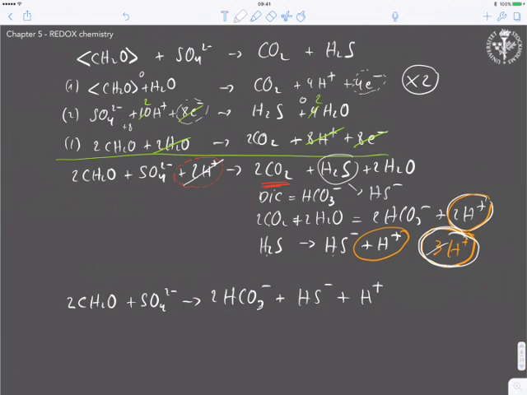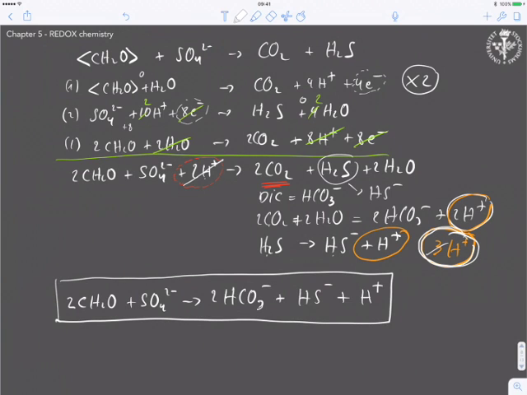Those 3 H plus will be on the right side and you have 2 H plus on the left side. You simplify, you have H plus. So in this case, you see that the sulfate-reducing bacteria is decreasing the pH, getting the pH more acidic in this case, okay?